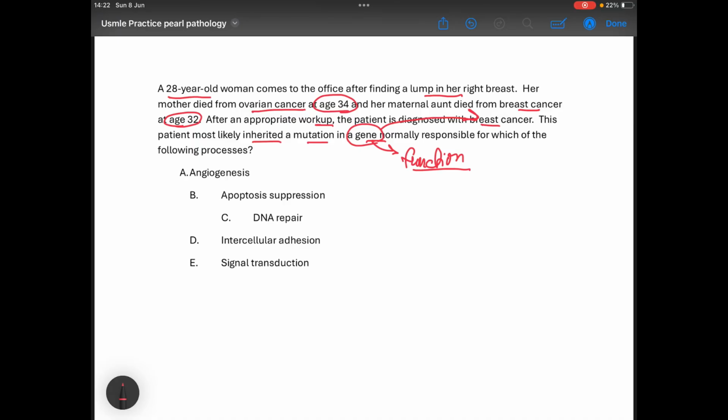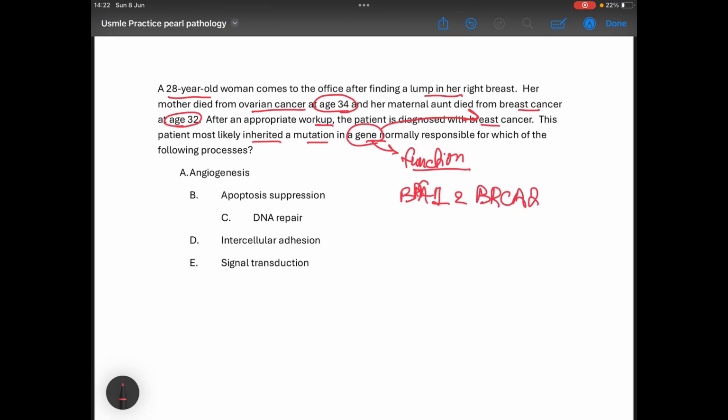Most cases of hereditary breast and ovarian cancers are associated with mutations in the tumor suppressor genes BRCA1 and BRCA2.